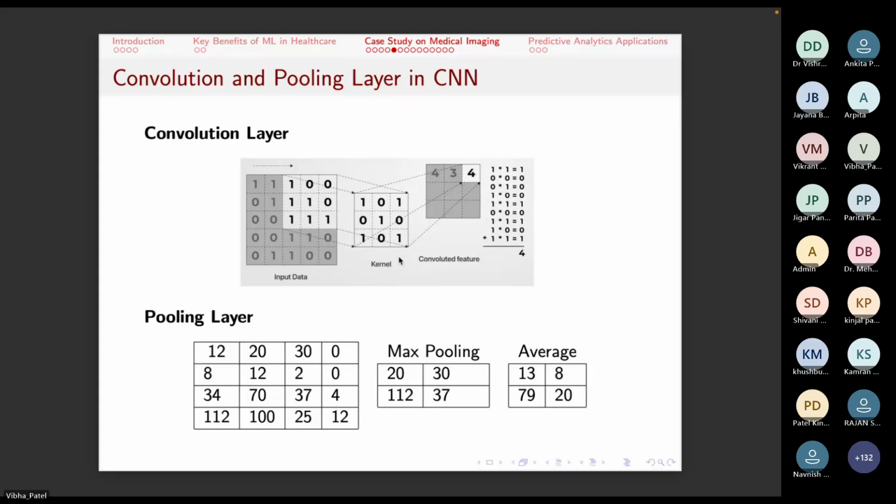Down the line, as we proceed further by adding layers, we are proceeding towards extracting detailed features from it. All these features can be in terms of texture, or you may consider the edges of the images and all those things.